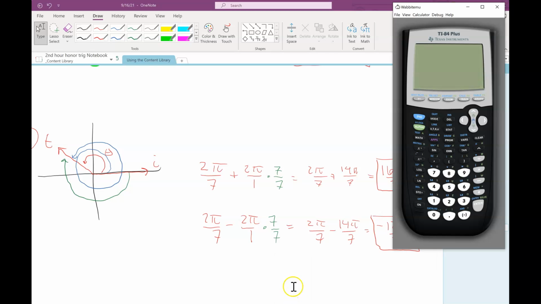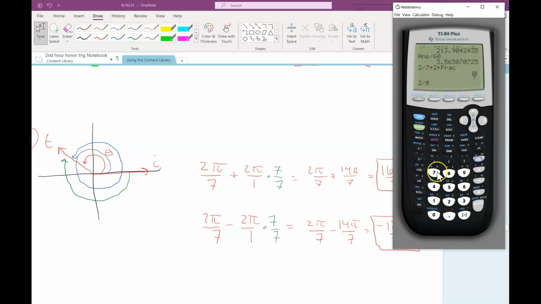Just FYI, you could do this on your calculator also. It's the same thing, just different size. So again, you could do this all on your calculator. I can do 2/7 plus 2, math frac, 16/7, and then just tack the pi on at the end.